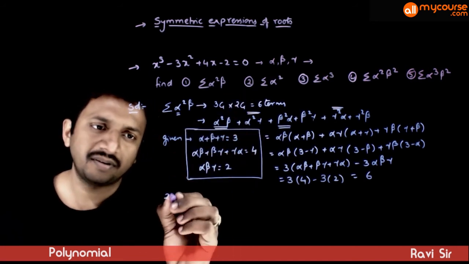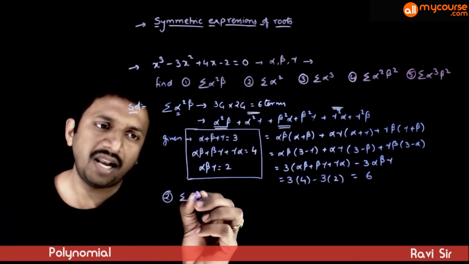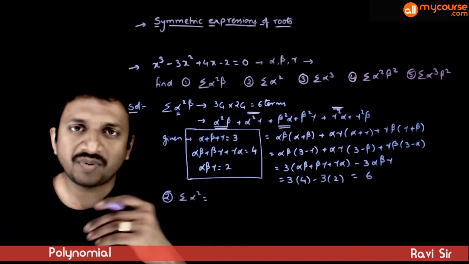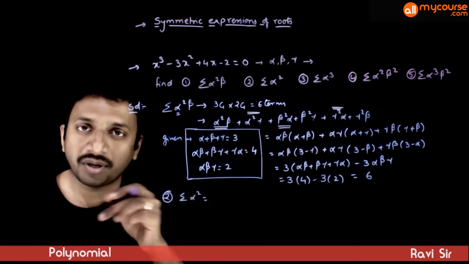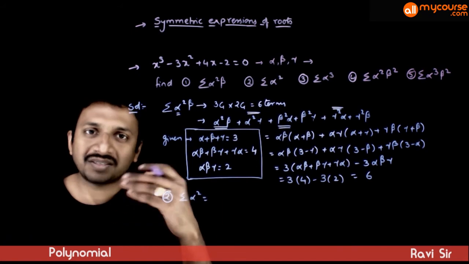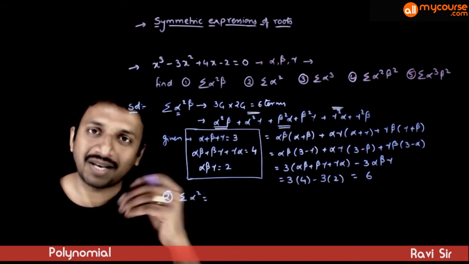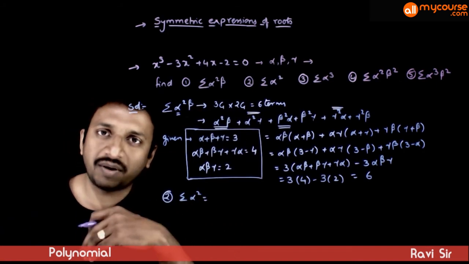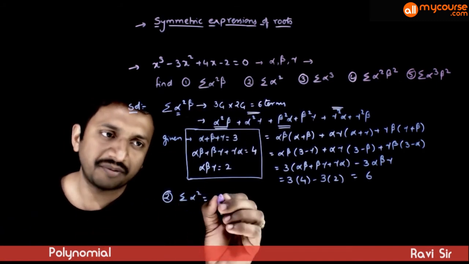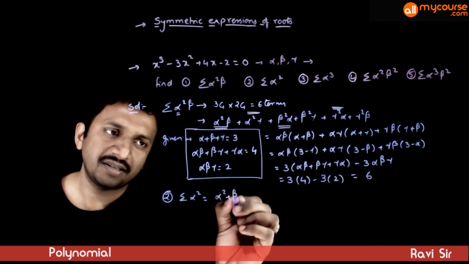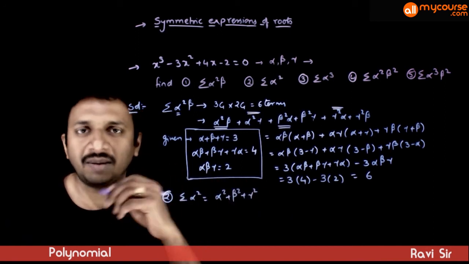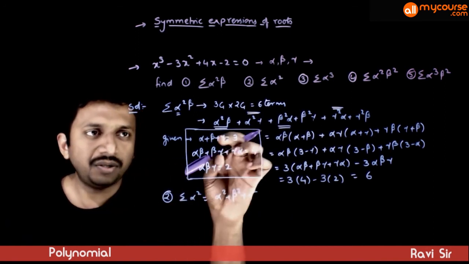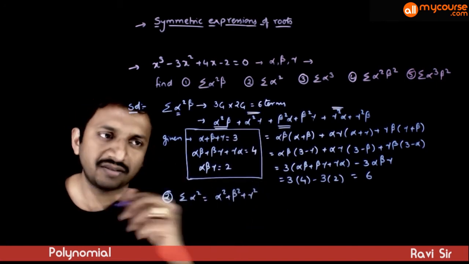Next, if you want sigma alpha square, this is very straightforward. You have only one root here. So in how many ways can you write terms like this? You need to select one out of 3 terms, that is 3C1 ways. So you have 3 terms here, alpha square plus beta square plus gamma square. So using these 3, how can you find this?